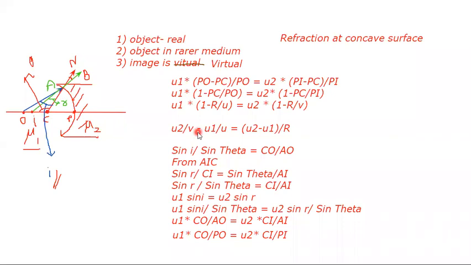When the object is real and lies in the denser medium and the image is virtual, then also it remains the same, just with a minus sign. So there are two more expressions you can remember. Let me write those two equations, then it will be easy.